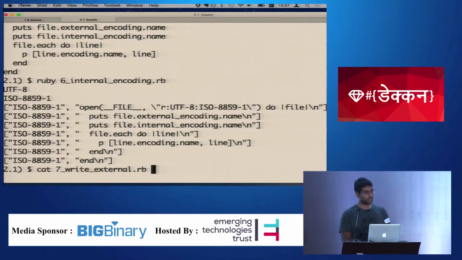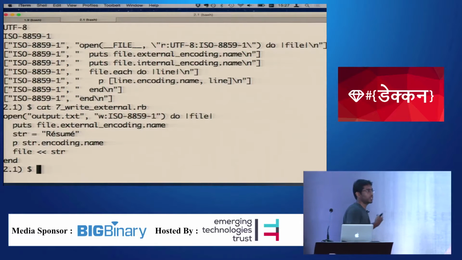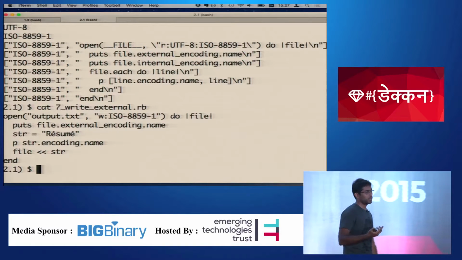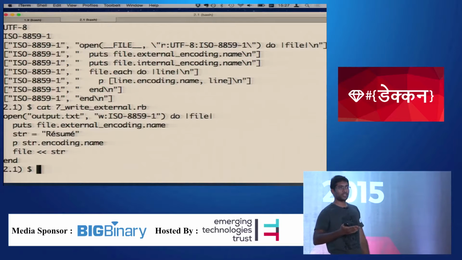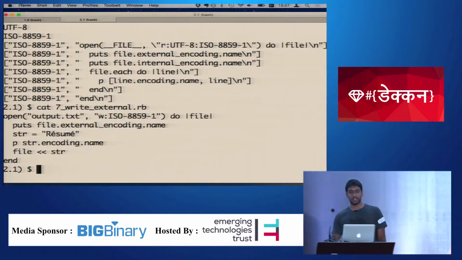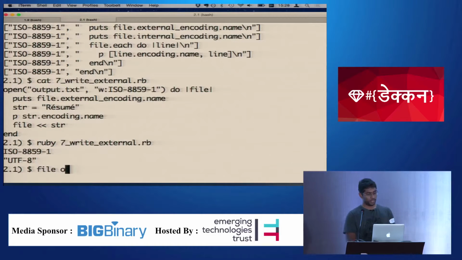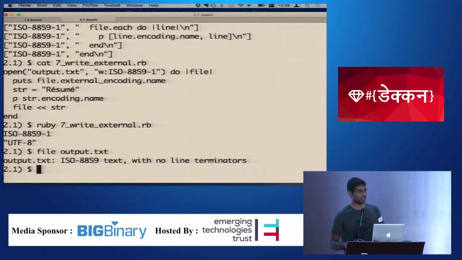And similarly, you can write your data into external files using whatever encoding you want. So external encoding also plays a similar role here. Whenever you start writing your data out, if you look at this program where I am writing a resume into an output file, I just run this program and then check this.